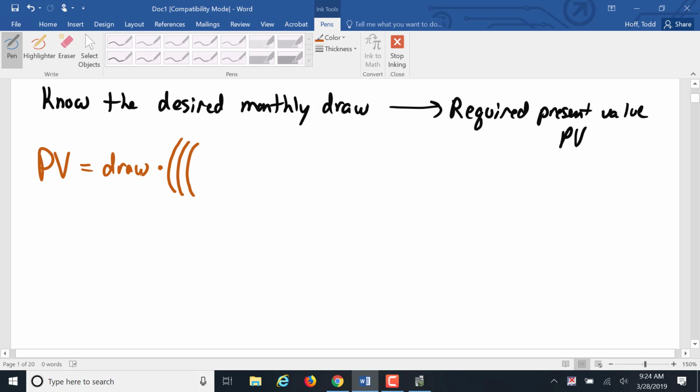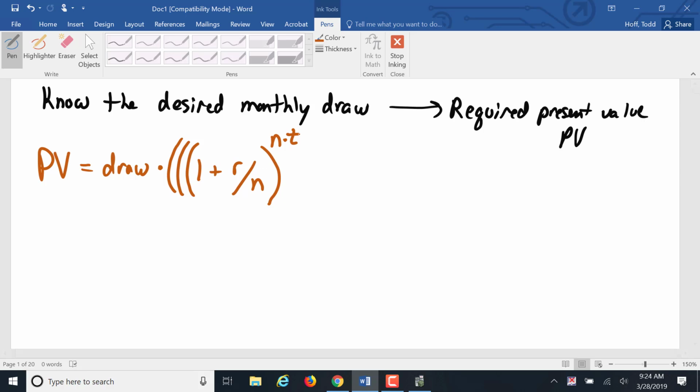So it's that draw amount times 3 open parentheses, 1 plus our rate, remember that is the interest rate for 1 year, the percent as a decimal, divided by n, if you recall, is the number of periods in a year. Close our parentheses to the power of n times t. Remember, t is the number of years, the time in years of our term here, minus 1, close parentheses.